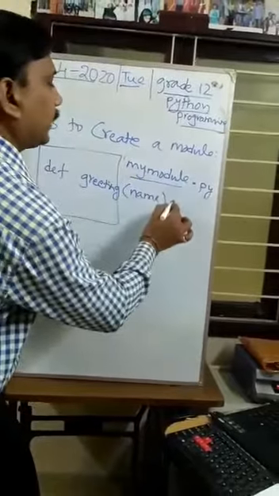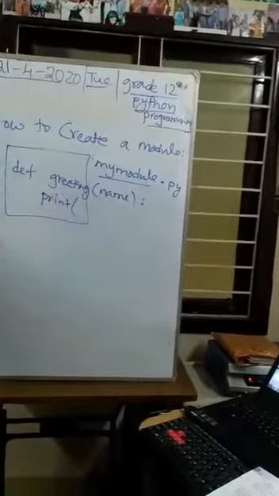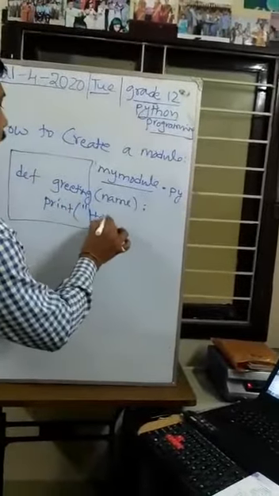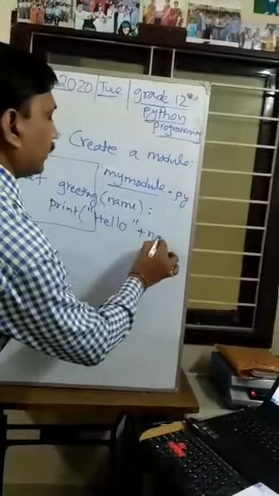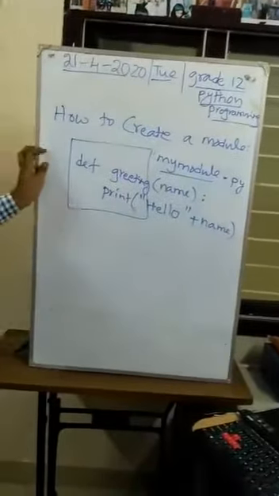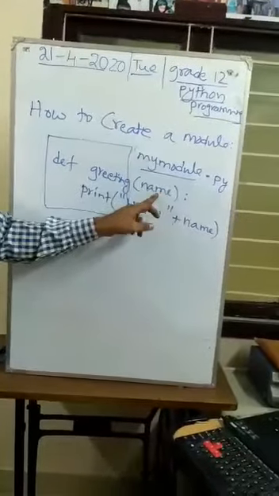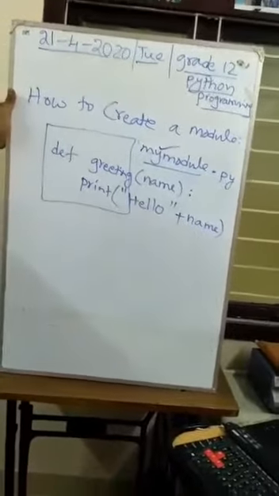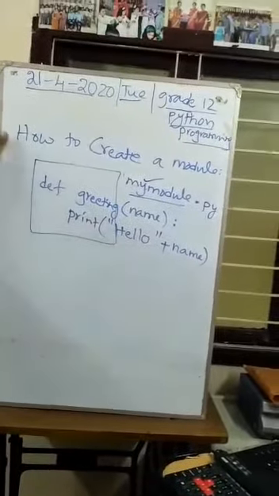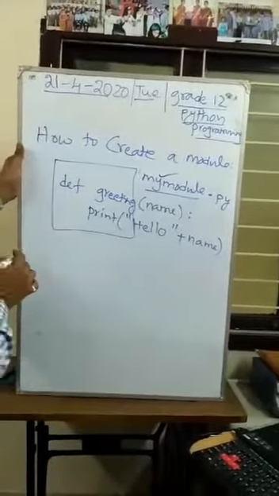This name is an argument here. I am writing one print statement, print hello plus name. Here I am supplying one name as the argument for this function. So this module consists of one definition with the name greeting. This one is my mymodule.py application.